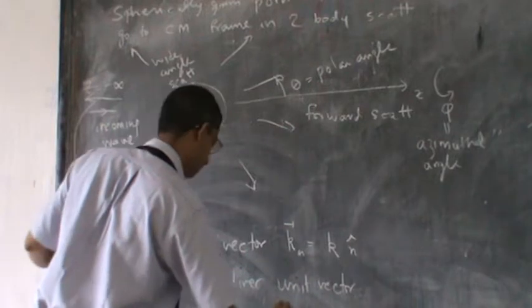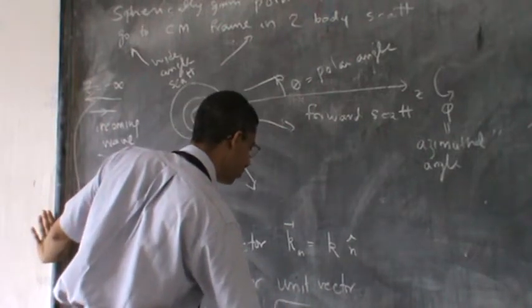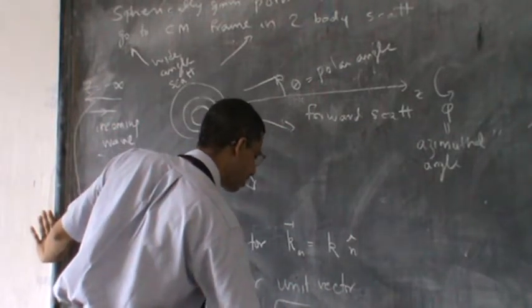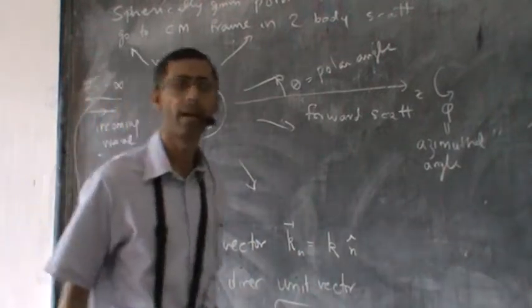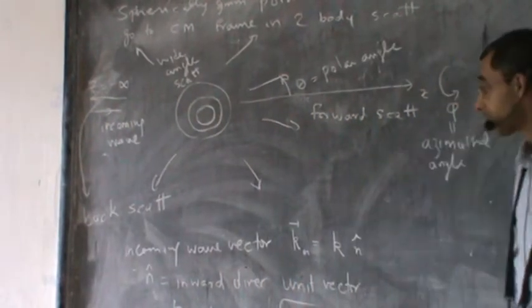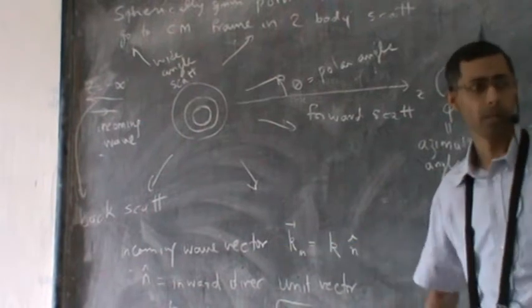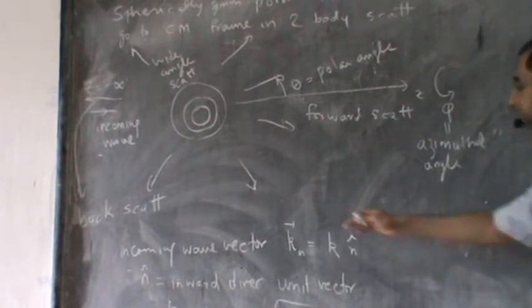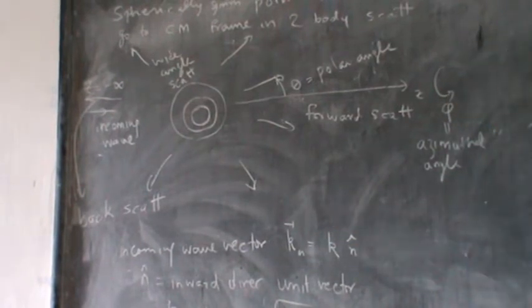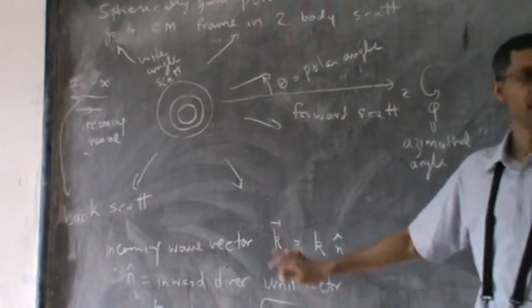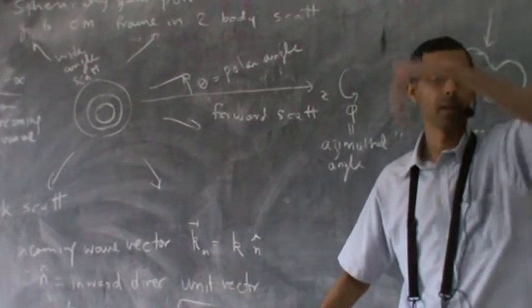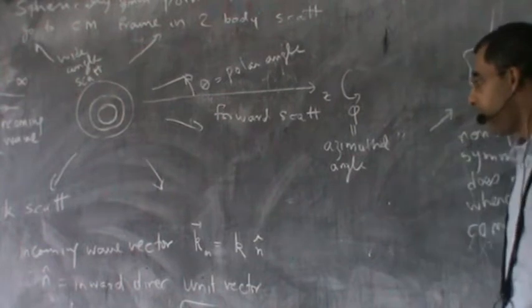That is simply the square root of 2mE over h bar squared, like we had this morning. That's the incoming wave number. This is the incoming wave vector. Here I am not assuming spherical symmetry or anything. Different directions can all be considered.